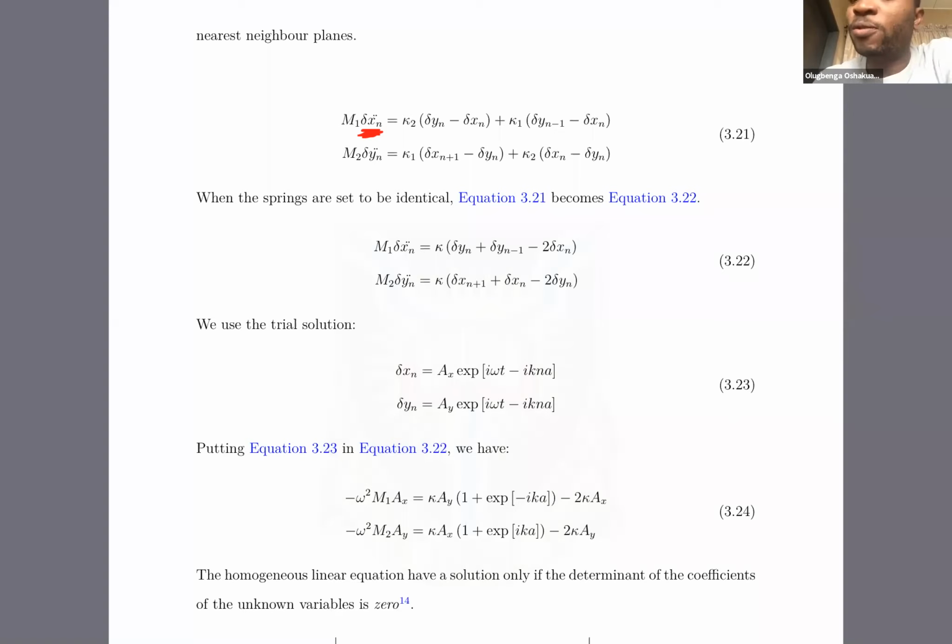You can also differentiate equation 23 with respect to distance where necessary, but for now we're interested in the differential with respect to time. When you differentiate equation 23 with respect to time and substitute it into equation 22, we are going to have equation 24.